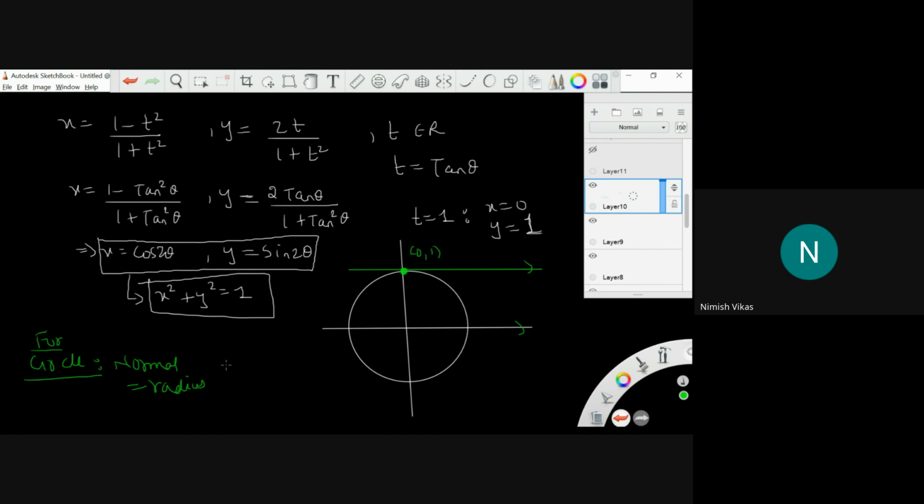Normal means a line perpendicular to the curve. So the slope is √3, a positive slope, so the line will go above. It will be like this. This line is the normal. So this is y is equal to √3x.